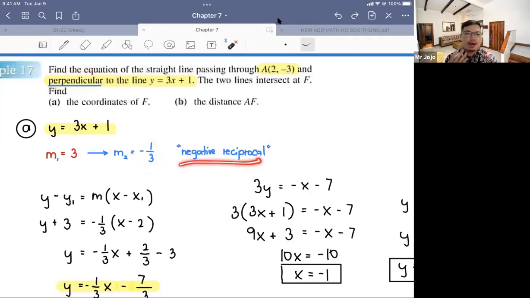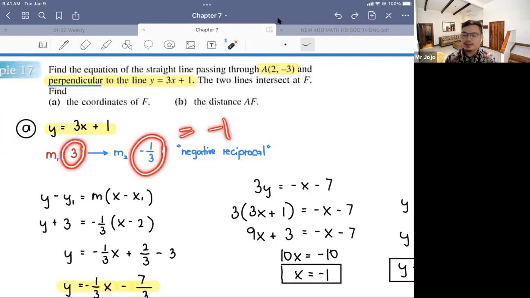Okay. Now, how do you check? If you multiply 3 and negative 1/3, will you get negative 1 as your answer? Yes, right? So that means that this is the correct gradient of the other line.